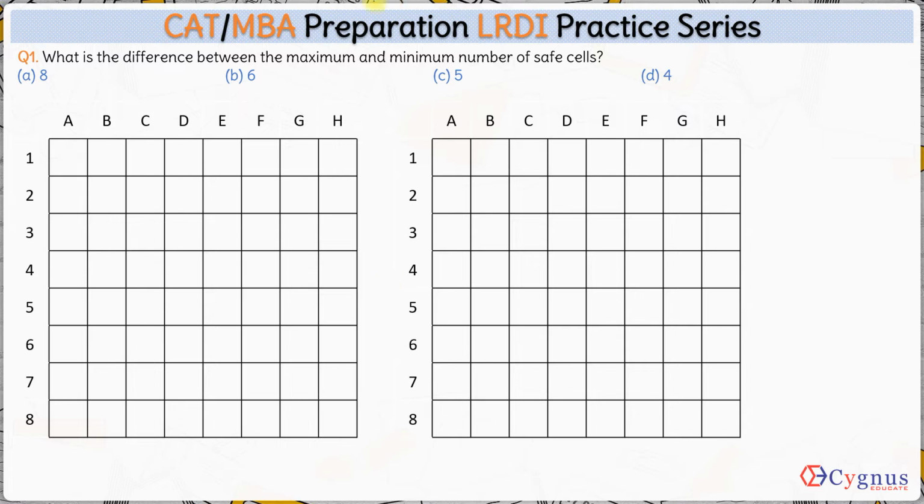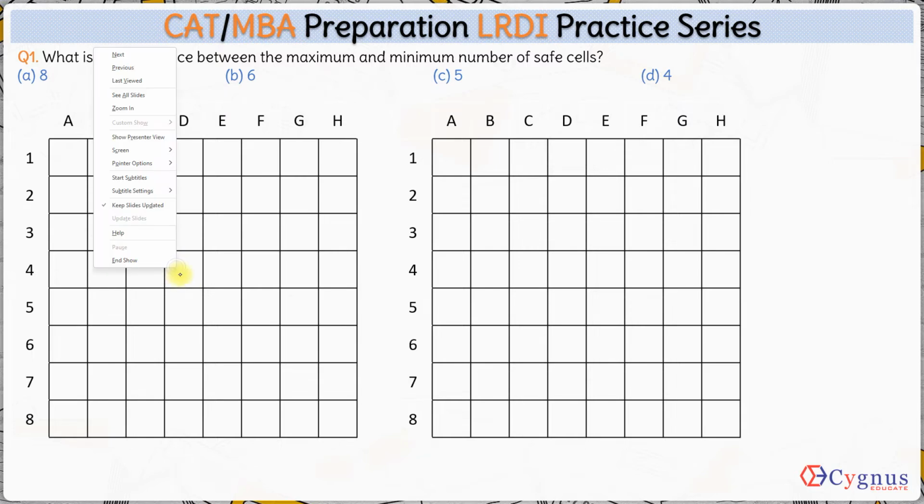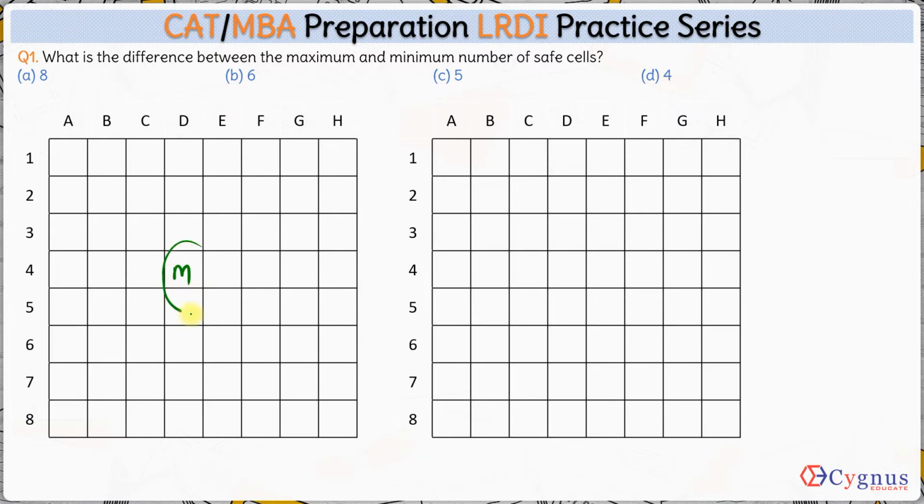Now, how can we minimize or maximize the number of cells in the diagonal? See, if we put a mine in this particular cell, somewhere in the middle of the board, you will have 1, 2, 3, 4, 5, 6, 7 cells in this diagonal, and 8, 9, 10, 11, 12, 13 cells in the other diagonal.